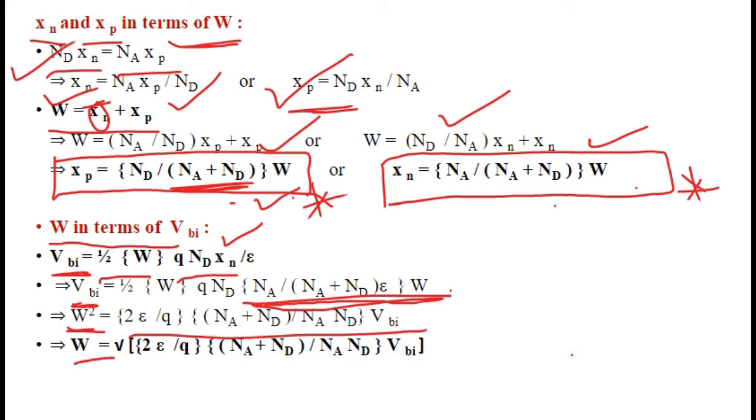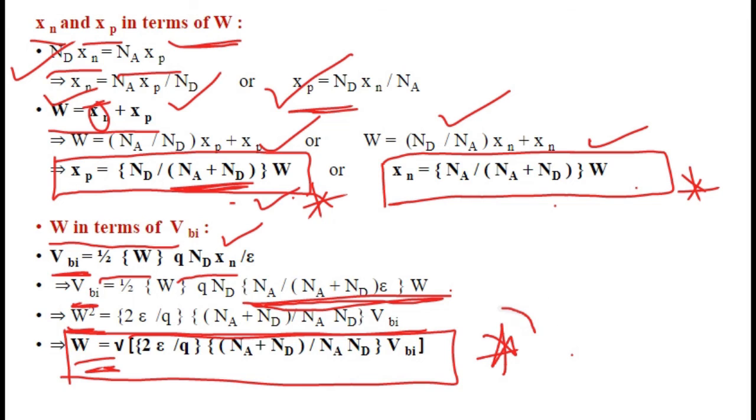Then we can find out what is W. So W is equal to the whole root over of 2 epsilon by Q whole into Na plus Nd divided by Na Nd into VBI. So this is also a very important equation which we will be using in the problem section.